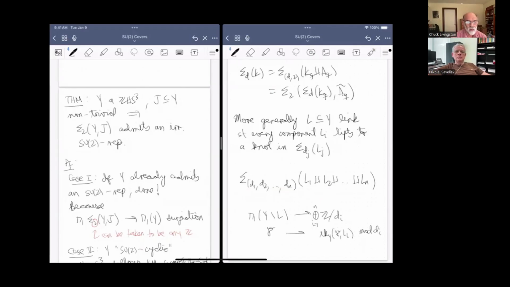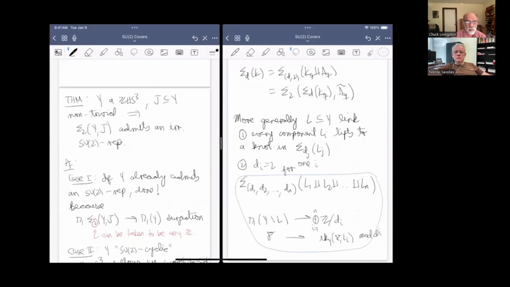Then if I have this condition, and one of the d_i is 2, then this cover also has SU2 representations.